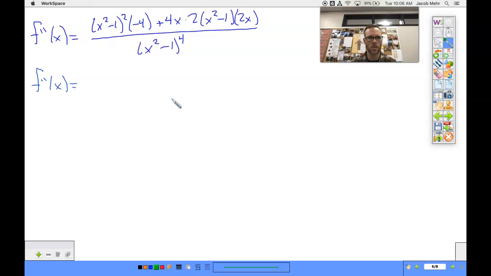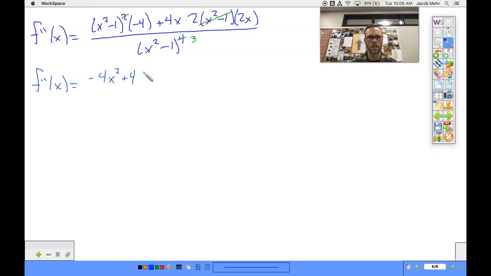Well, I do notice that there is an x squared minus 1 in every term. So one of those and one of those will cancel out. Make that to a third. This one to a first. So now I'm going to distribute negative 4x squared plus 4. Back here I have 4x times 2 times 2x.